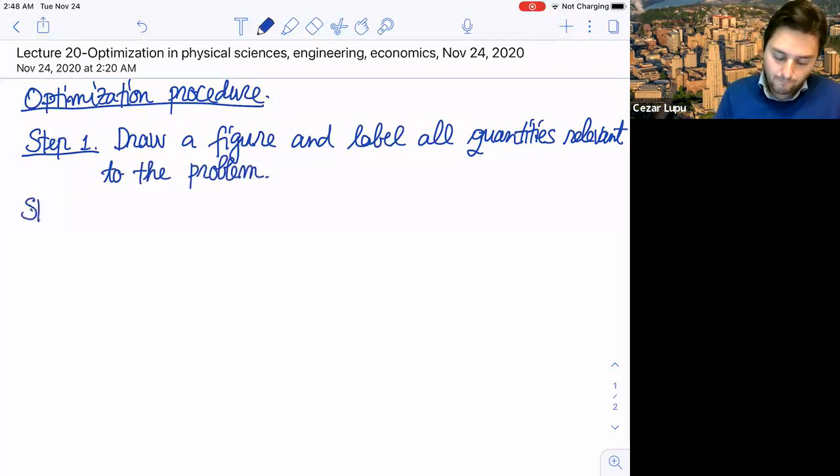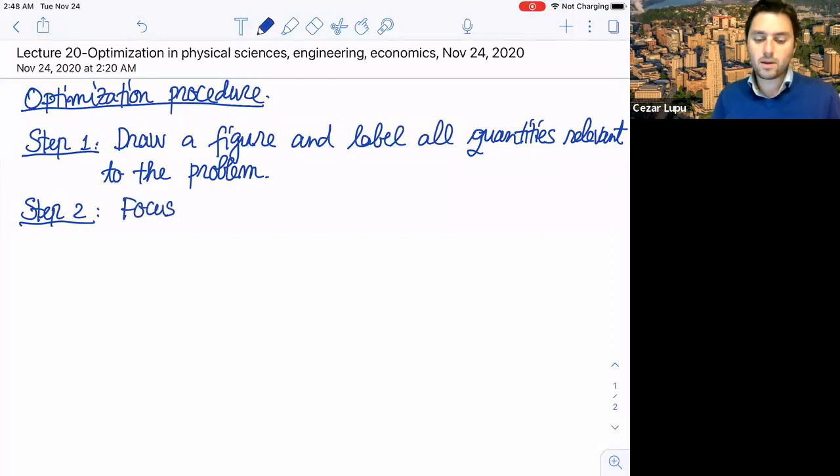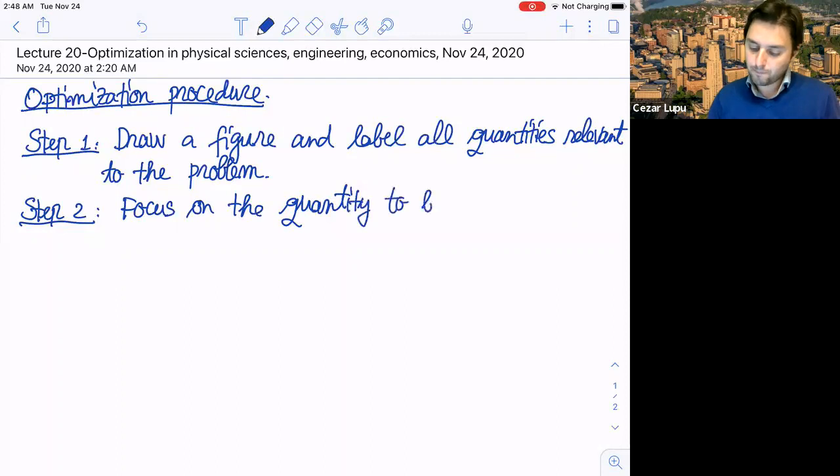Step 2, now we focus on the quantity that we want to optimize. So focus on the quantity to be optimized. I will explain immediately what we mean by that.